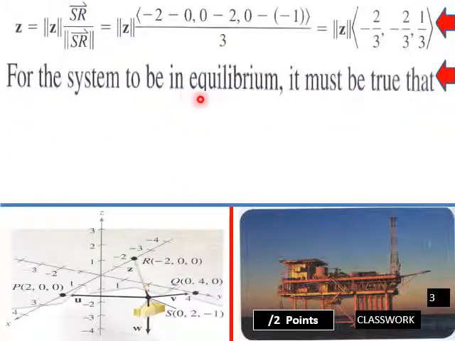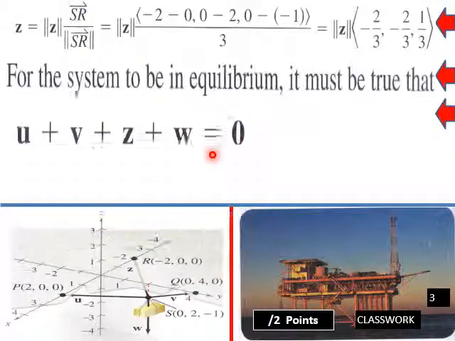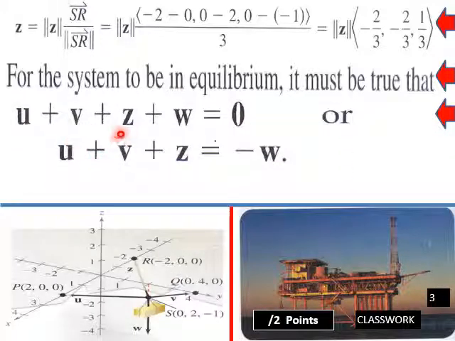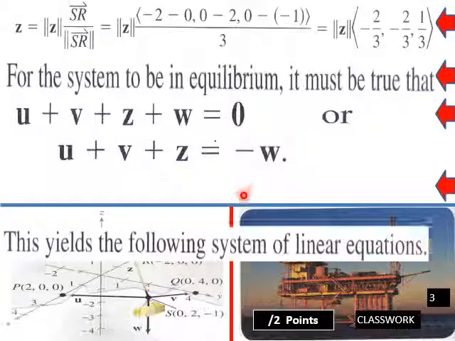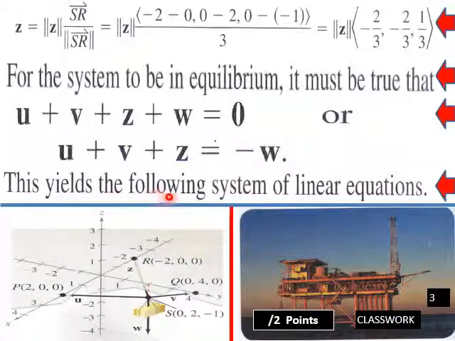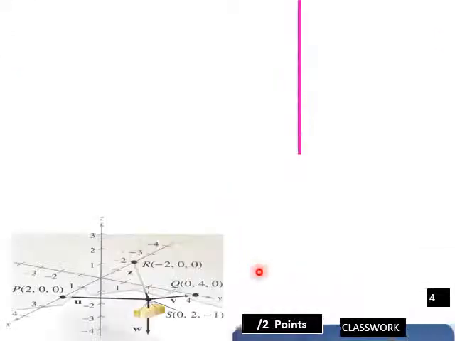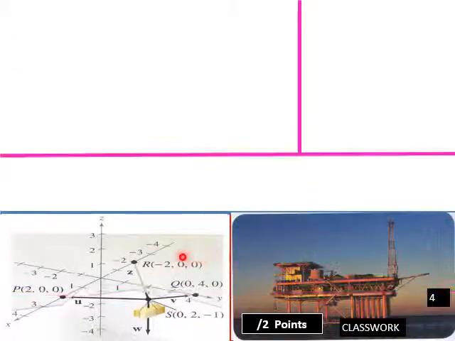For the system to be in equilibrium, it must be true that U plus V plus Z plus W equals 0, or U plus V plus Z equals -W. In this case, this yields the following system of linear equations.